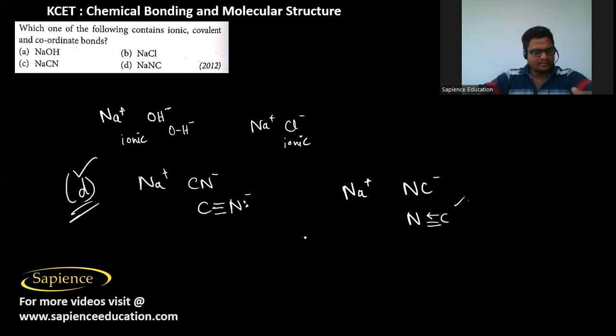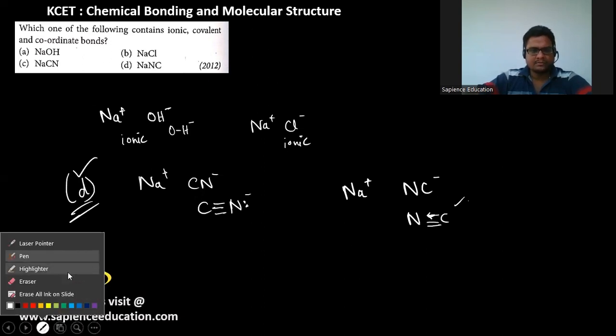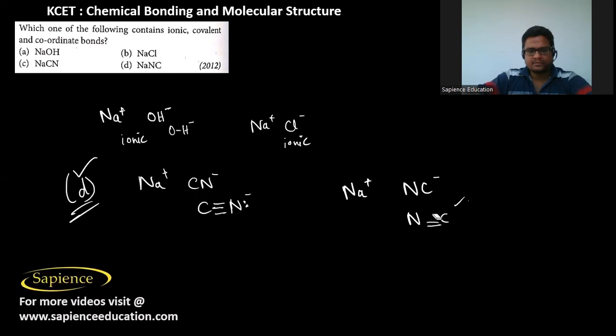So in NaNC we have coordinate bond also and covalent bond also and ionic bond also. So option D is the correct answer.